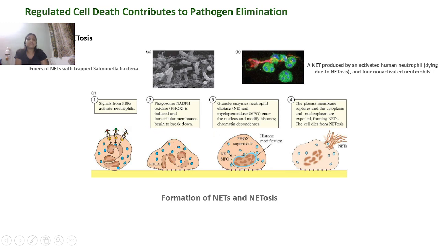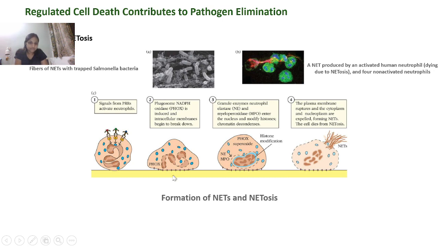So these neutrophils are coming to the site of infection, and it also has these PRRs on its surface, or the pathogen recognition receptors, and there will be binding of the ligands from the microbes to these recognition receptors, and that will activate the signaling as I already showed. There will be formation of these species, NADPH oxidase is induced, and there will be breakdown of the intracellular membranes.